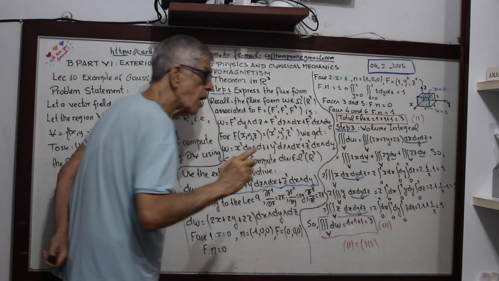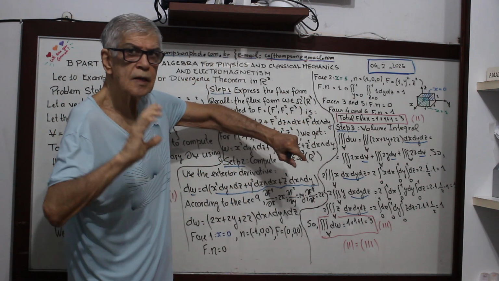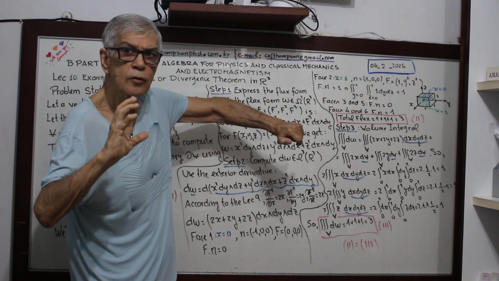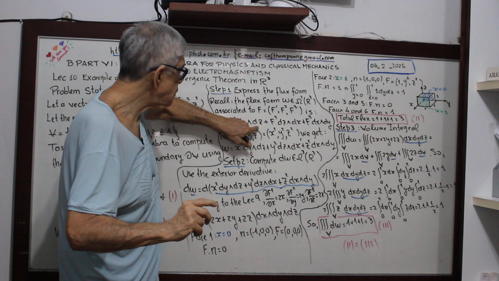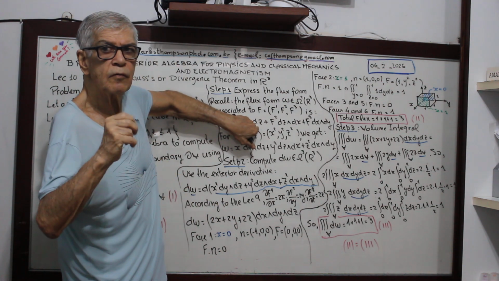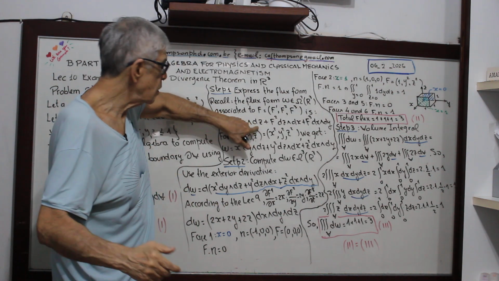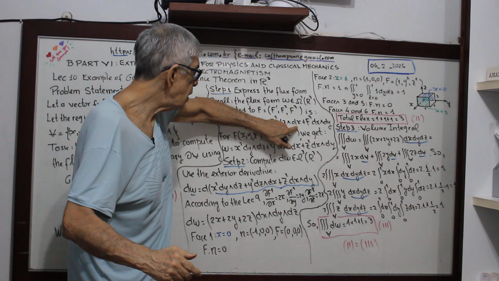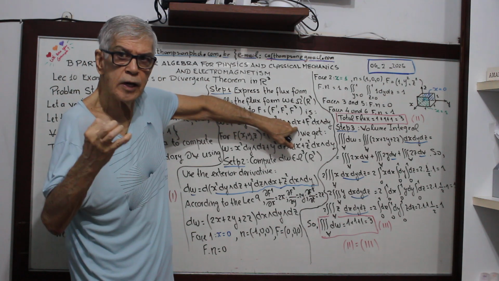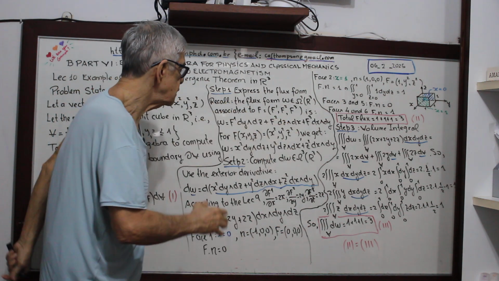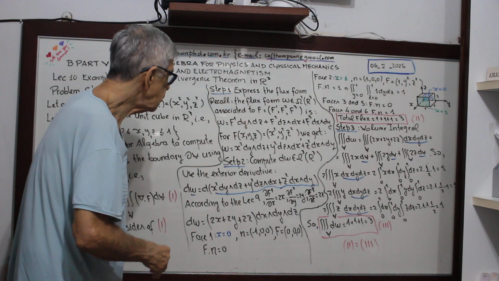Remember, dx wedge dy is analogous to the unit vector k. Likewise, dy wedge dz is unit vector i in advanced calculus, and dz wedge dx is analogous to the unit vector j. That's what we did before.